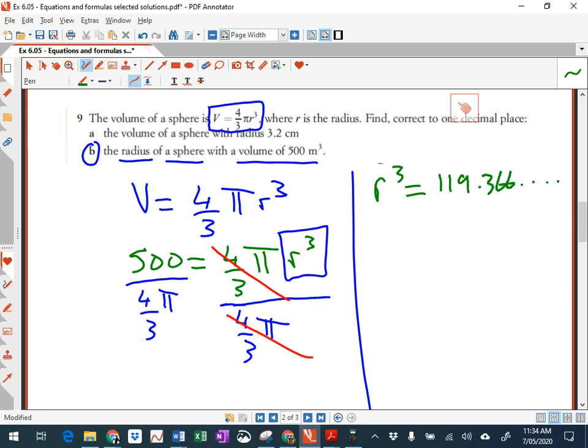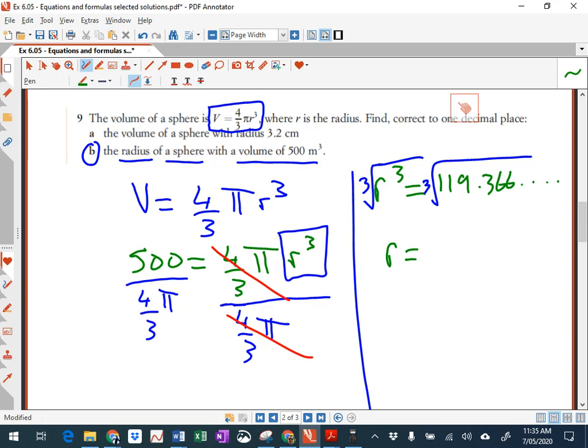Now keep that whole thing in your calculator, because the next thing you're going to do is find the cube root on both sides. The cube root will undo the power of 3. So I'm going to find the cube root of what was on my screen.